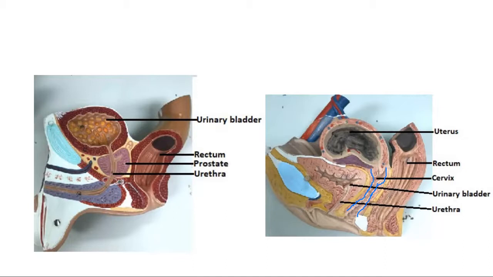This is the uterus. And then the small part of the ureter here, the urinary bladder, and these are the organs of the female reproductive system.